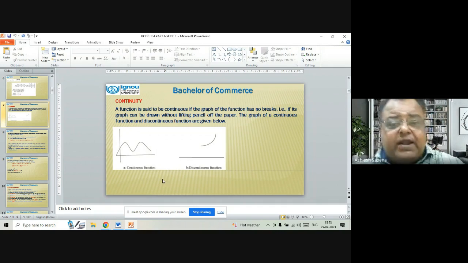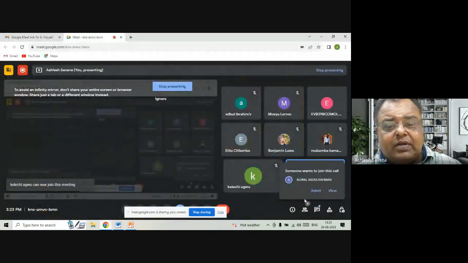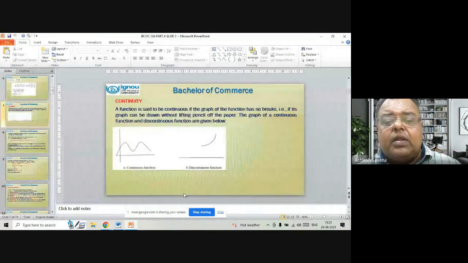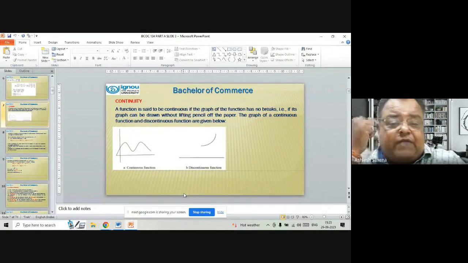The graphs of a continuous and a discontinuous function are given below. You can see the first graph is continuous, that means it's not breaking.